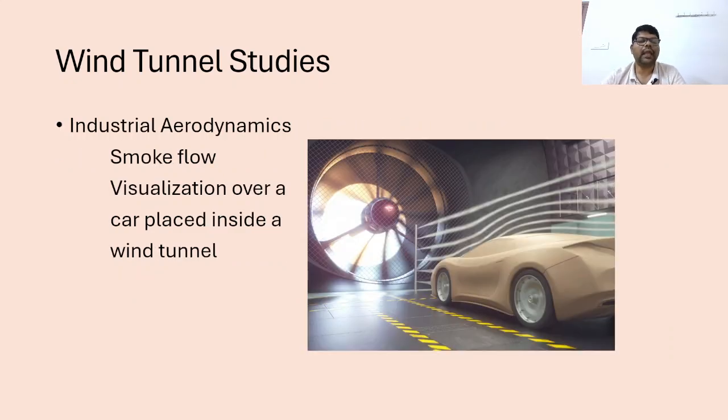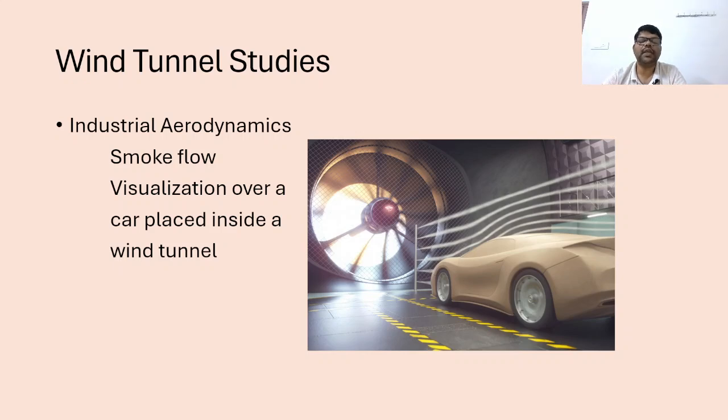Next, industrial aerodynamics is another area where direct measurements or wind tunnel studies are exhaustively used. In industrial aerodynamics, we use wind tunnels to find out the flow behavior over tall buildings, large bridges, automobiles, even locomotives, and so on.